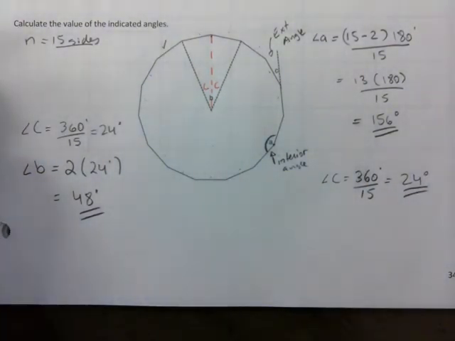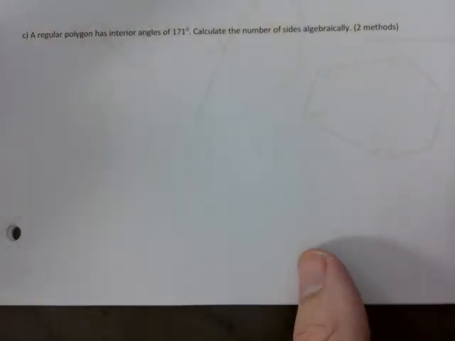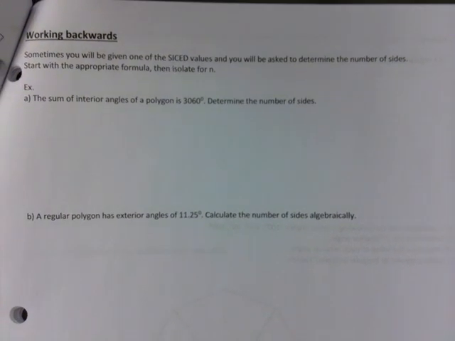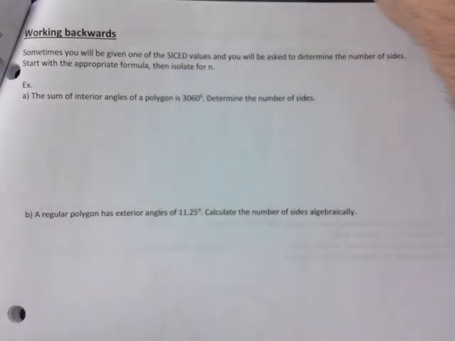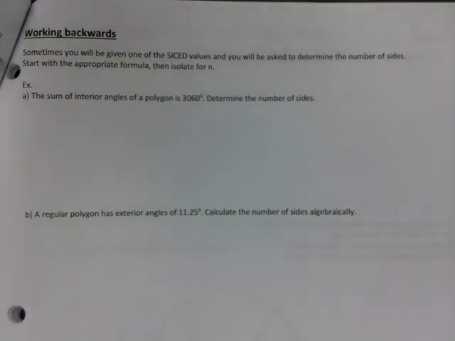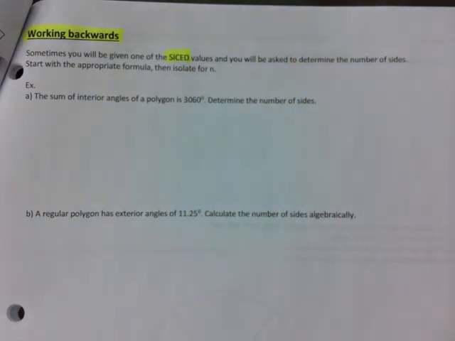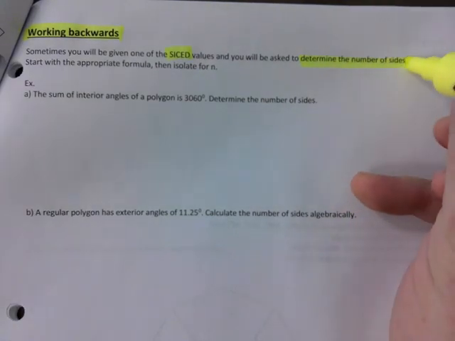We'll do some backwards examples here. We're going to go to 36. By backwards, I mean use algebra, basically. Sometimes you will be given one of those formulas that I gave you, the 5, and you have to determine the number of sides.